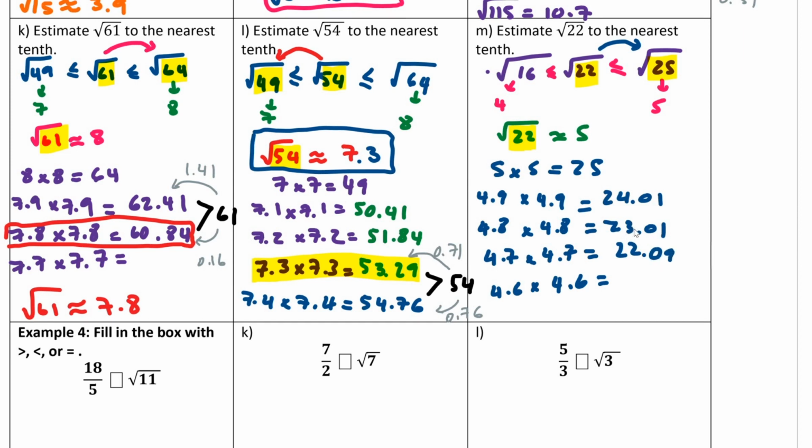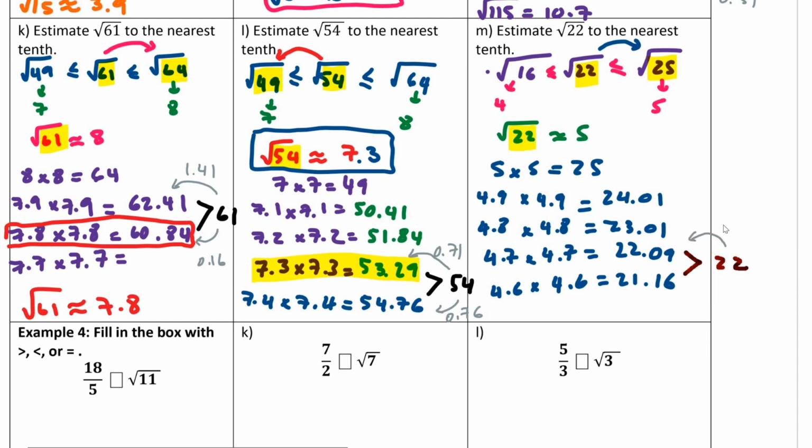But 22 is not between 23 and 22.9. 22.9 is bigger than 22. We have to go down one more. 21.16. So 22 is in between of these two numbers.